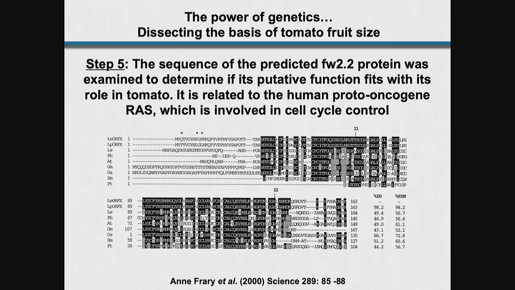So now we've gone all the way from, let's try and figure out on a genome-wide scale which loci might be associated with changes in fruit size, all the way down to a gene with a possible mechanism for controlling fruit size in tomato.